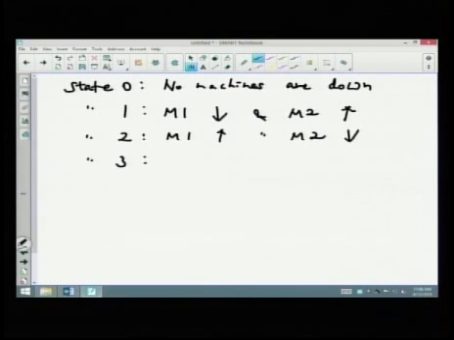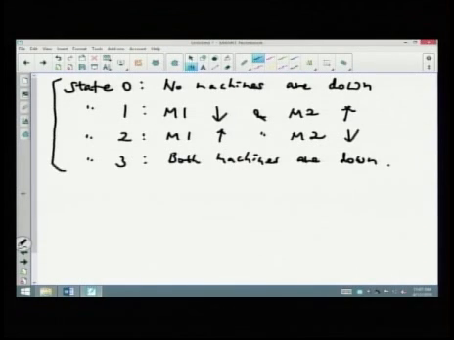And then the last state, state number 3, let's say both machines are down. Both machines are down. So using these 4 different states, we are going to build up our Markov chain model.